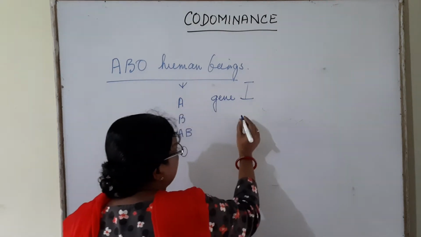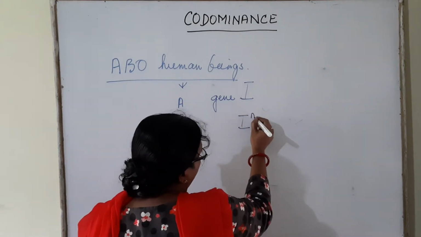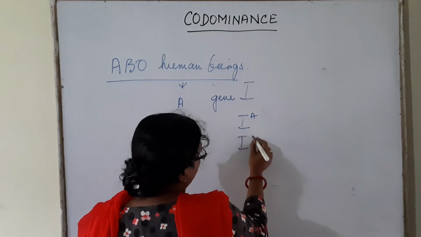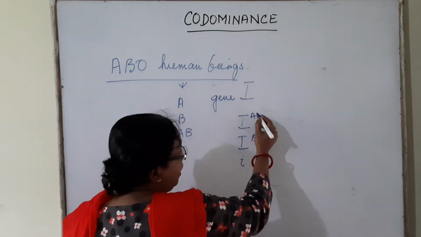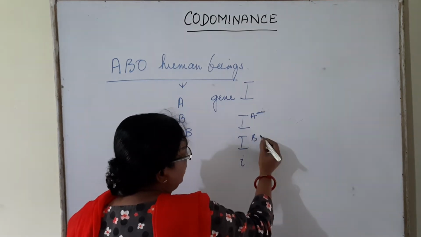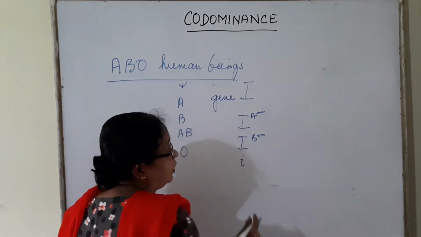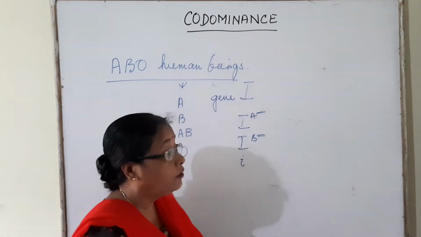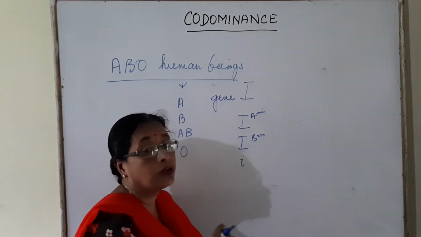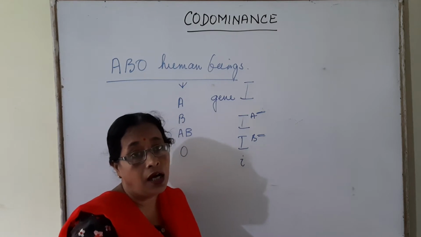They are IA, IB and i. Now this A and B are actually glycoproteins or sugar polymers which are found attached to the surface of the RBC.